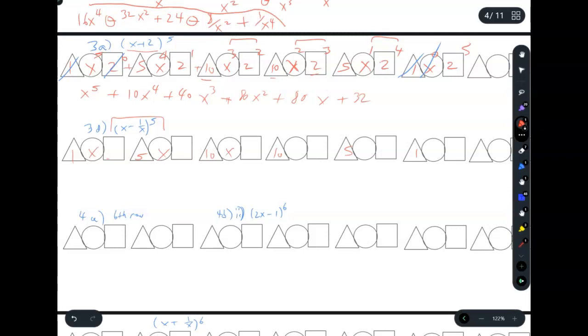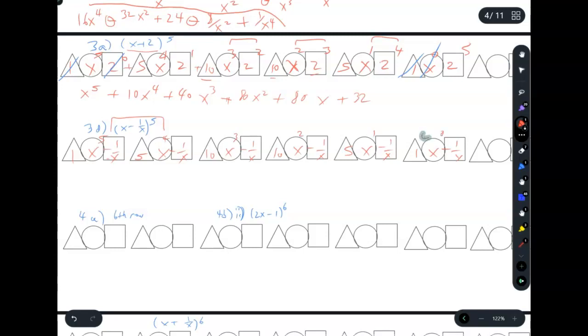So the circles are all x's. The squares are negative 1 over x. And then I put the exponents starting from 5, counting down.